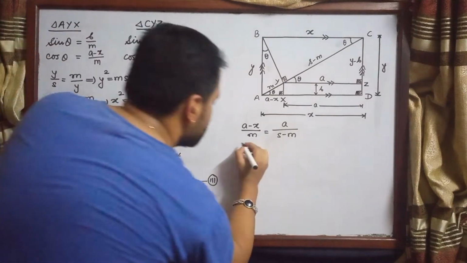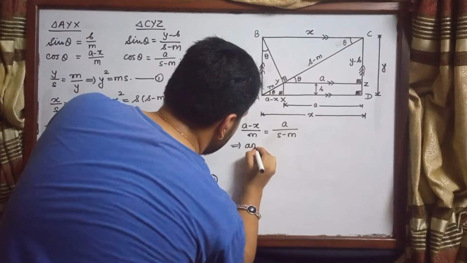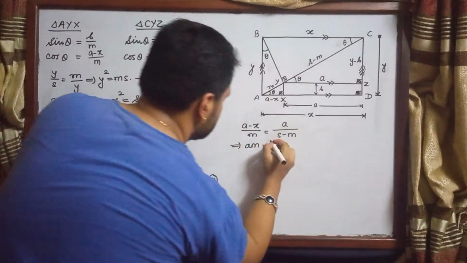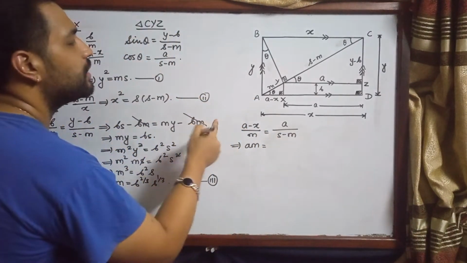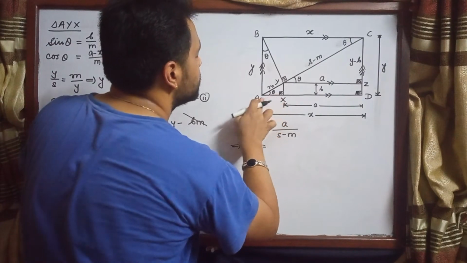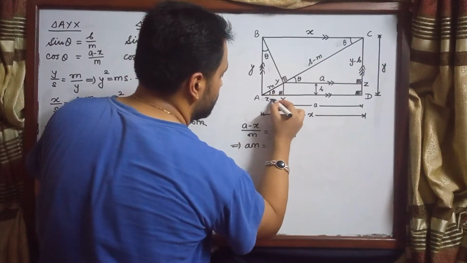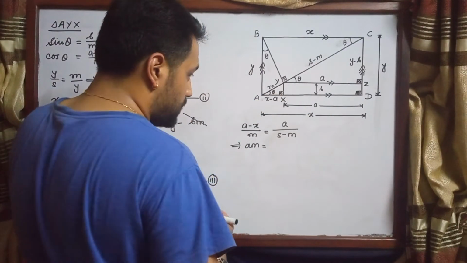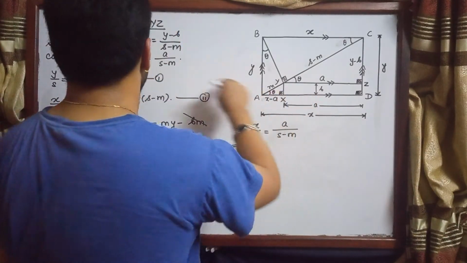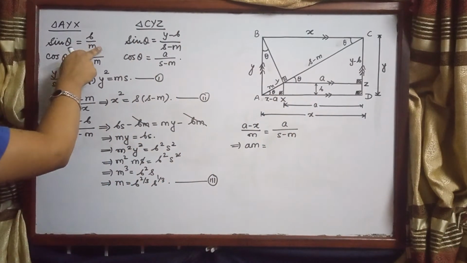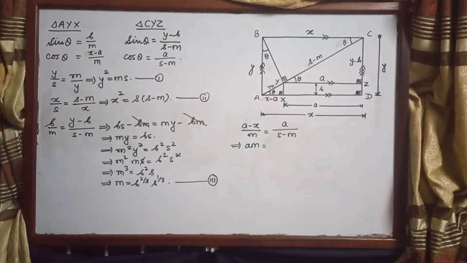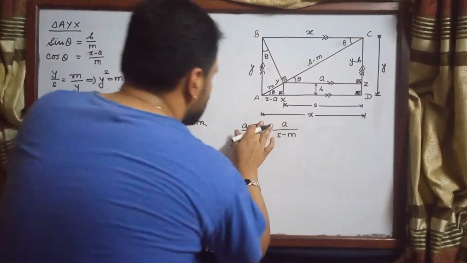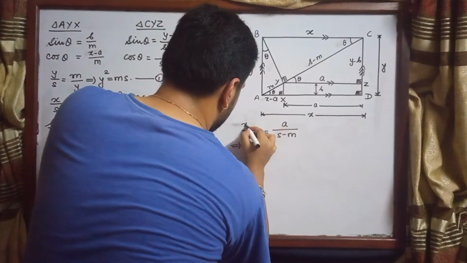So this means am is equal to, not a minus, oh no, this is x minus a, right? Oh, x minus a. So this is x minus a. I'm sorry, really sorry. X minus a.